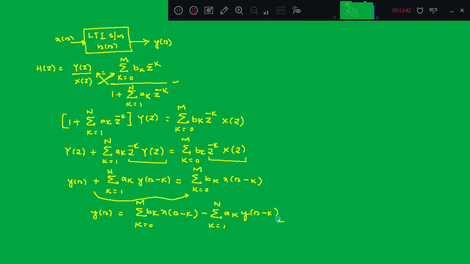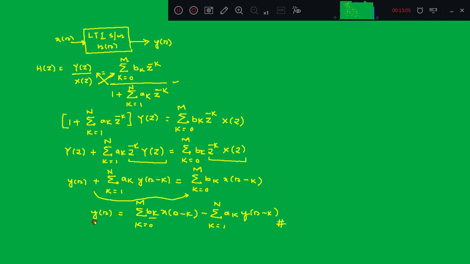So this is a very important equation which you can use to implement or realize the direct form 1 for the IIR filter, right? Here bk and ak are real coefficients, namely the numerator and denominator polynomial coefficients, right?